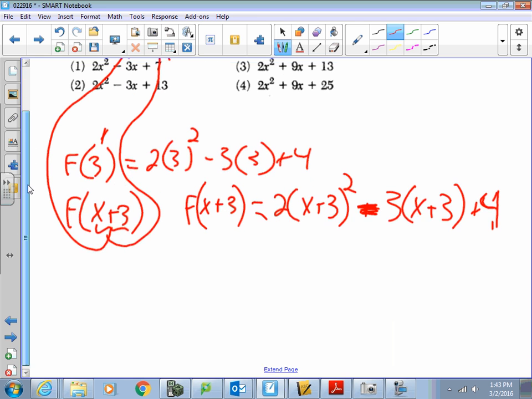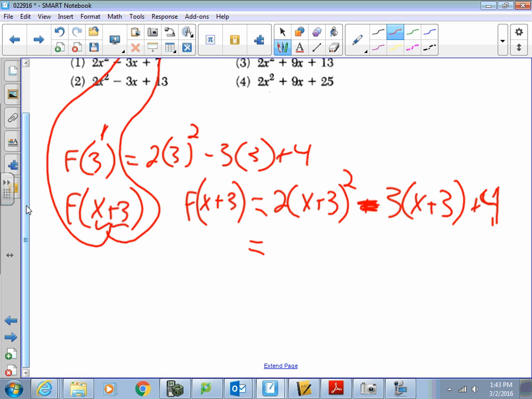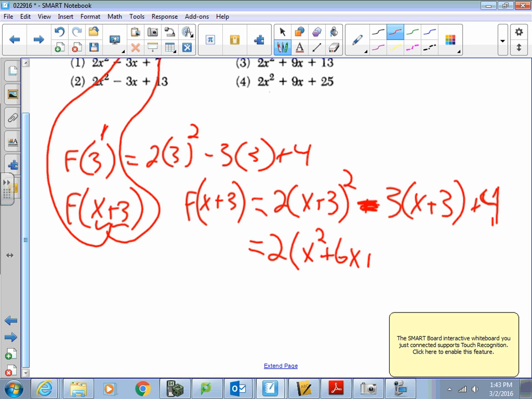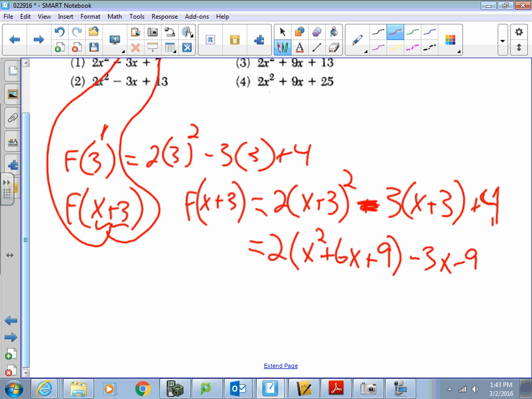You have to do your exponent first, so we're going to have 2 times x squared plus 6x plus 9. I didn't show all the steps there, so hopefully you understood that. And minus 3x minus 9. Be careful, you're distributing the negative 3 here and here, and then plus 4.